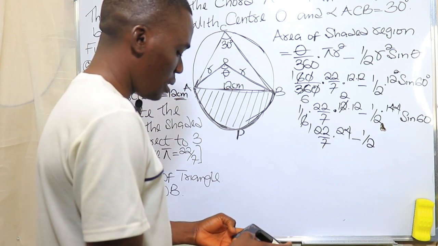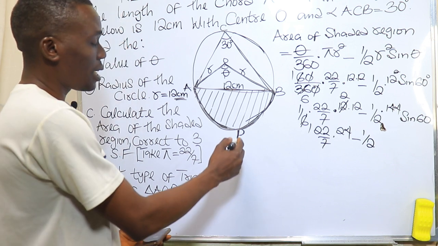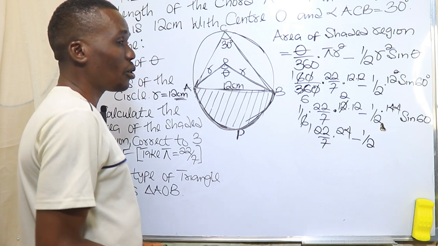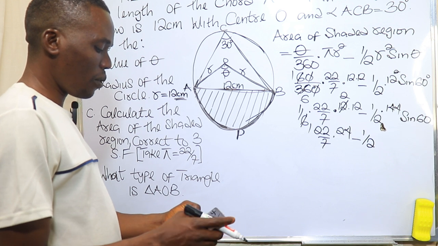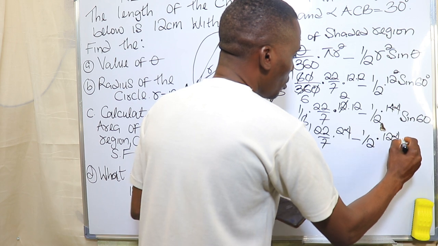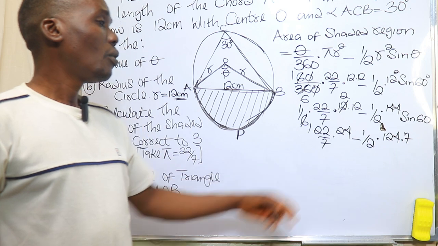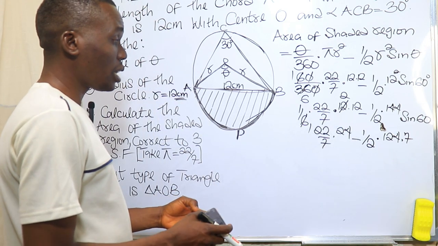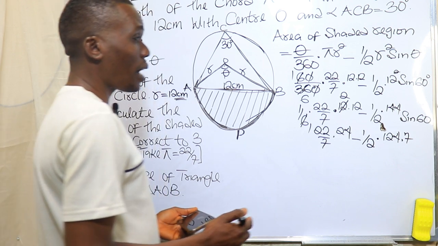With the calculator, sine 60 is going to give us 0.8660. So that will give us 0.8660 multiplied by 144, and that will be equal to 124.7. So how do we simplify this? We have 7 here. Let's point the calculator: 22 times 24 is going to give us 528.